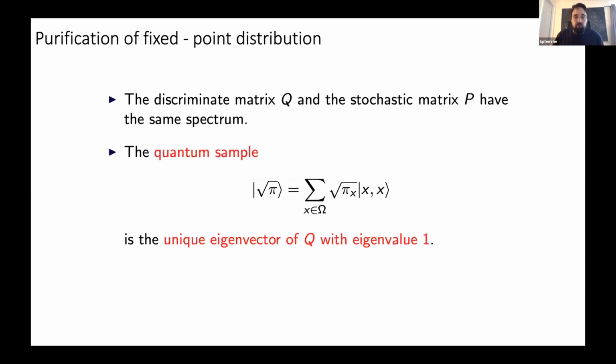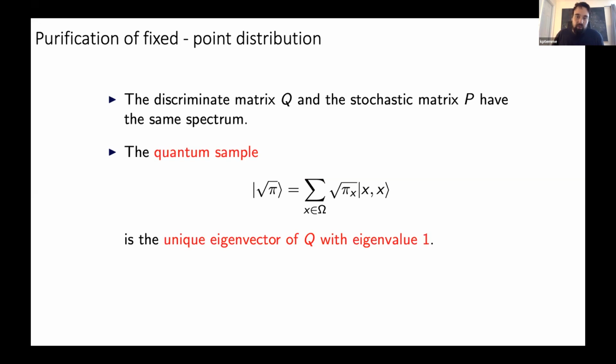So what do we want to do? What we care about is coming up with a unitary that allows you to have a quantum sample associated with this. The general trick in constructing the Szegedy unitary is that you double the state space, which we're going to talk about in a bit.